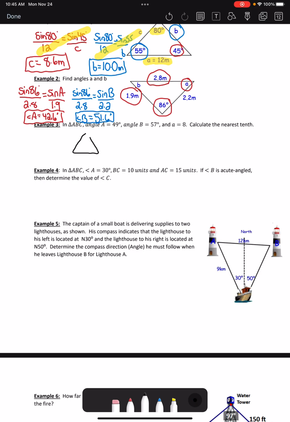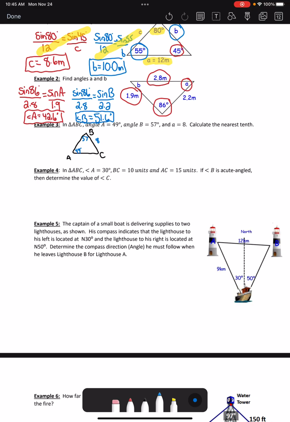So I'm going to draw this out. I have angle A, B, C. Angle A is 49 degrees. Angle B is 57 degrees. Side length A, which is opposite, right, to angle A, is 8.